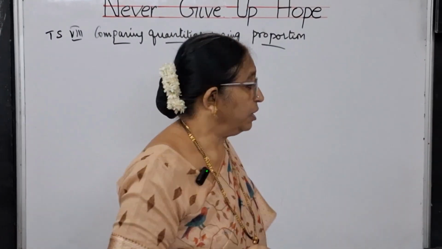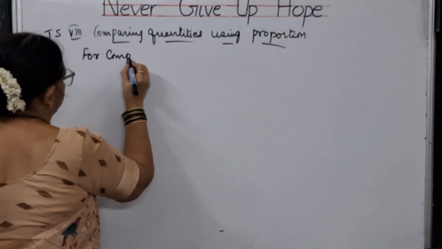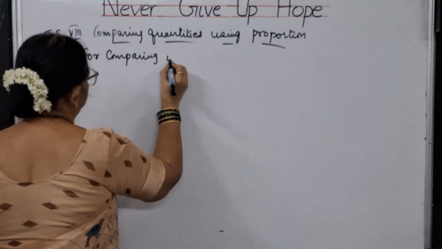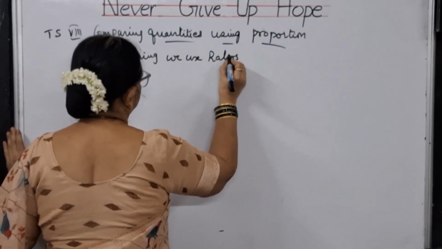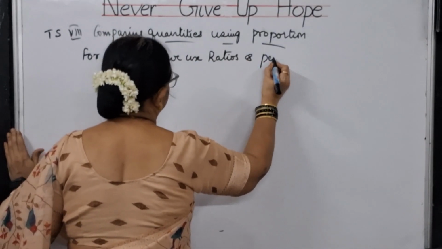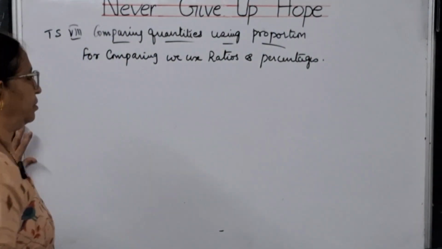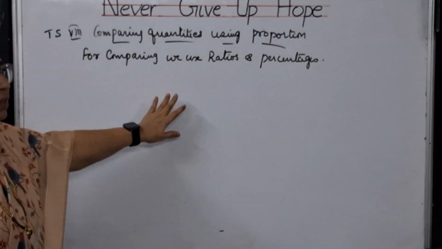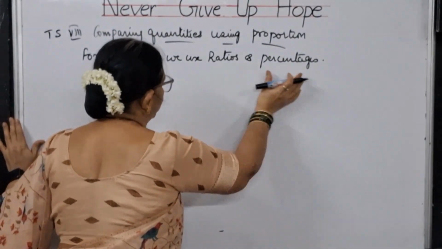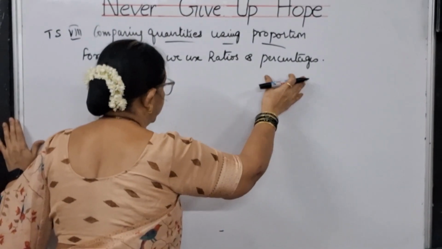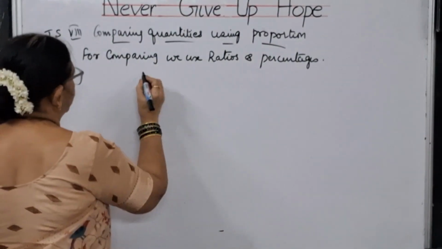For comparing, we usually use ratios and percentages. Mostly we use ratios and percentages. So we are now going to do these two procedures: how ratios have to be done, how percentages have to be made.